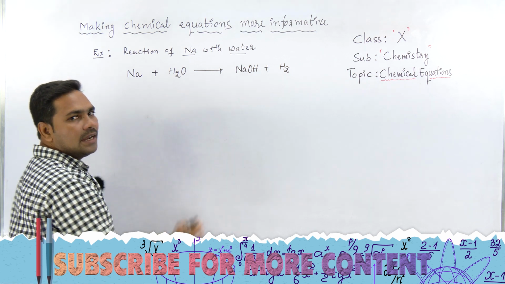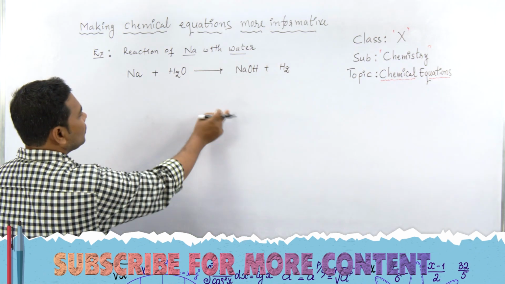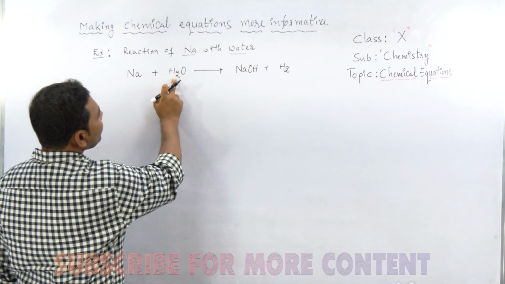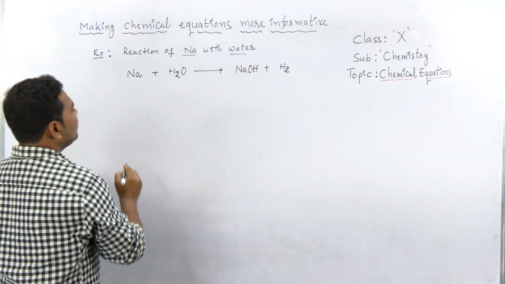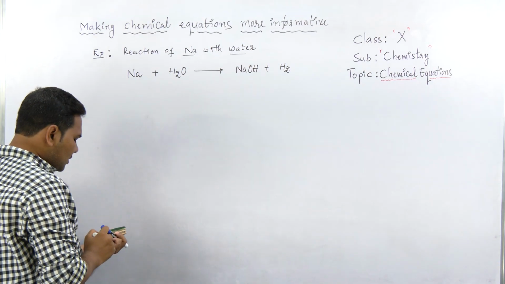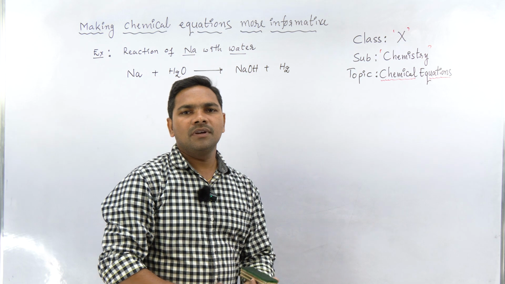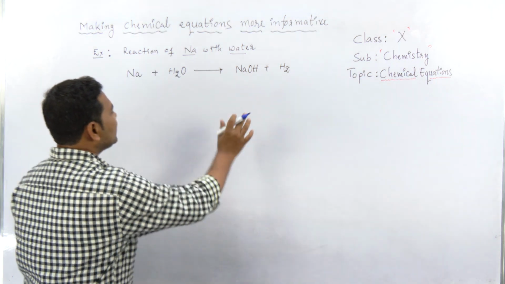This is a skeleton equation. We know how to balance this. We have 2 hydrogens on the left-hand side and 3 hydrogens on the right-hand side, so how do we balance? We just double the number of molecules of reactants and products, except the pure form.